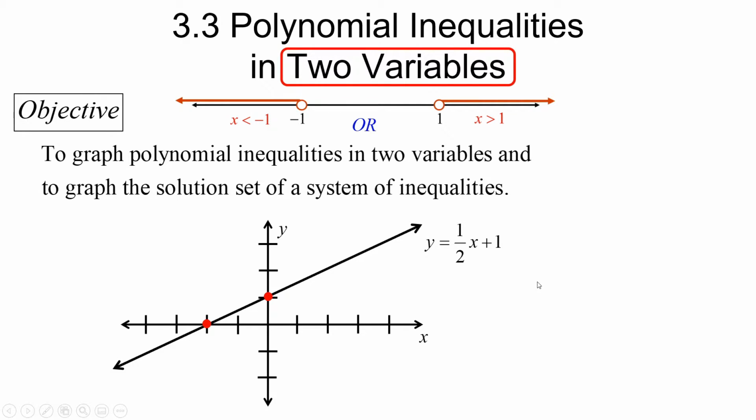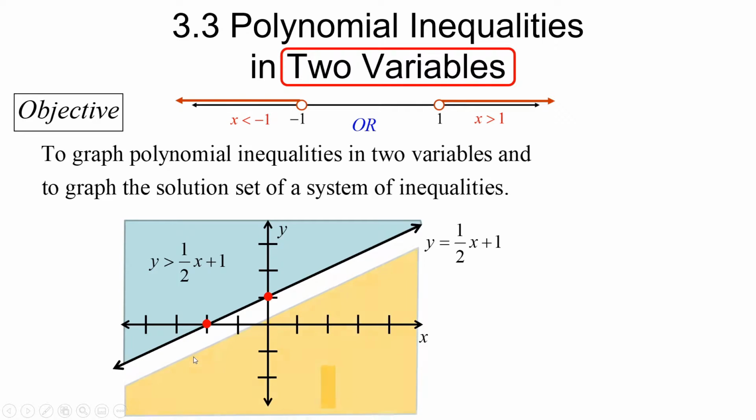Now, let's talk inequality. What about everything above that line? We don't have y equals 1/2 x plus 1. We have y greater than 1/2 x plus 1. And what about the other half of the plane that is below that line?